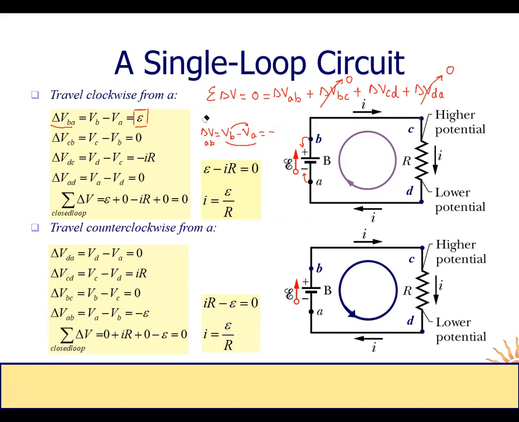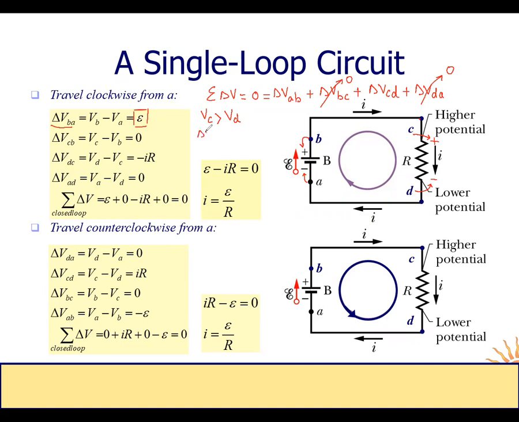What about the resistance? As you see, this is the direction of the current. The current comes from the positive side to the negative side. C is at the positive side, so VC is higher than VD. D is at the negative side.